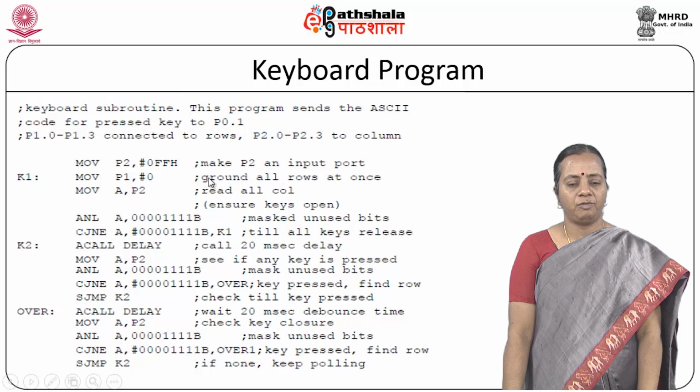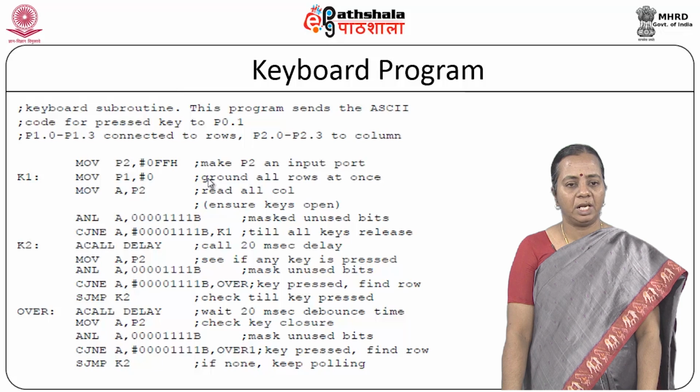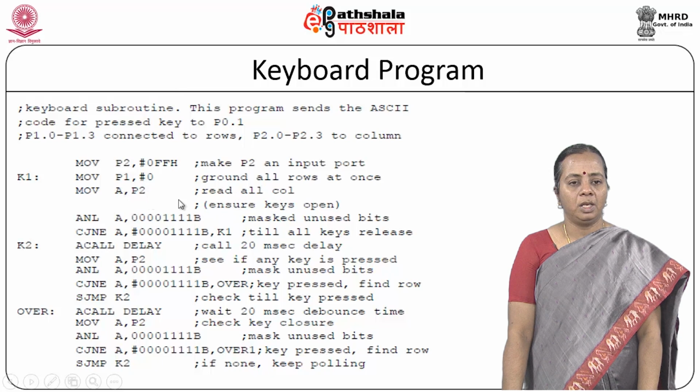Initially, before the key press is identified, I have to make sure everything is cleared first. Because of that I am sending a 0 to P1, then reading all the columns, since I have to ensure whether the keys are open or not.